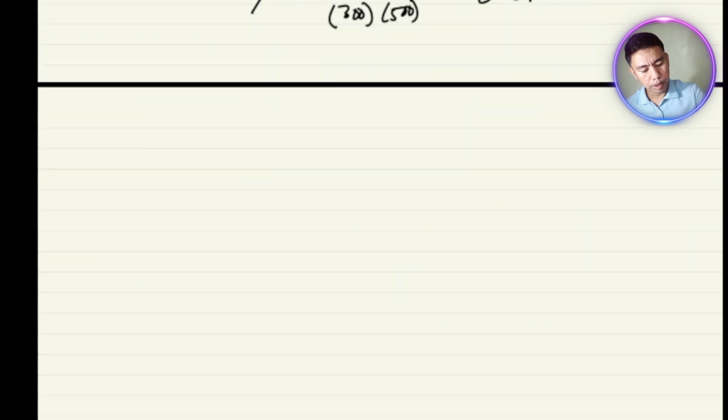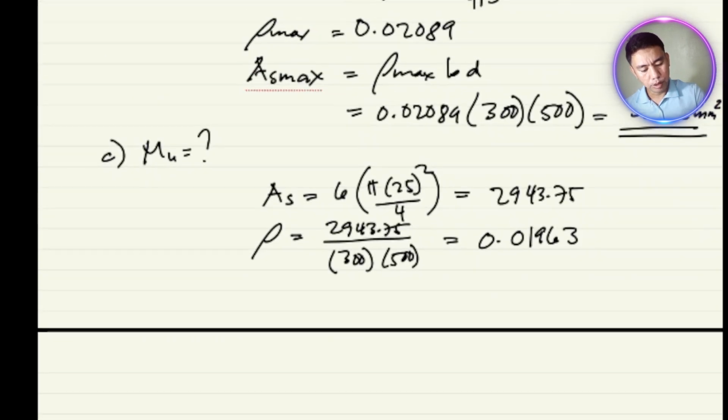Let me add. So here, our rho is less than rho balance. What does it mean? Di ba yung rho balance natin, if you can remember, ito yung indicator natin na sabay mag-fail. Okay?